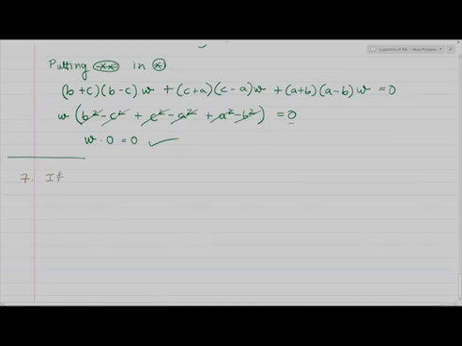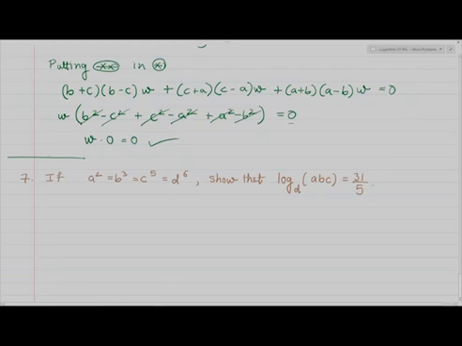If a square is equal to b cube is equal to c raised to 5, which is also equal to d raised to 6, then show that log to the base d of abc is equal to 31 by 5.